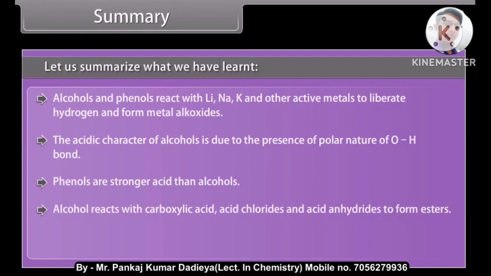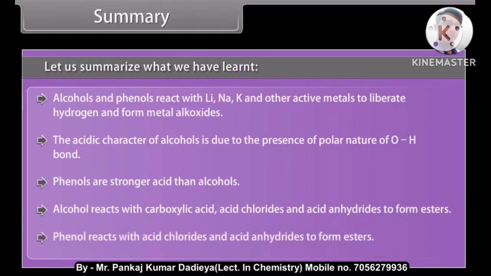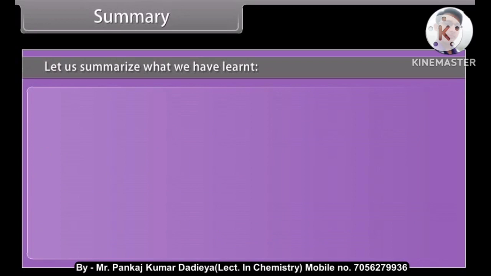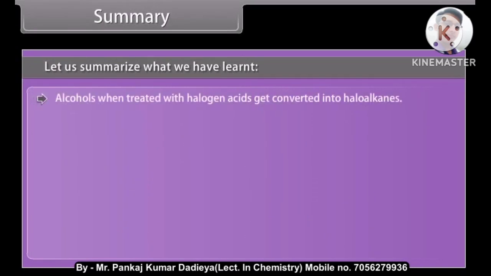Alcohol reacts with carboxylic acids, acid chlorides, and acid anhydrides to form esters. Phenol reacts with acid chlorides and acid anhydrides to form esters. Alcohols, when treated with halogen acids, get converted into haloalkanes.